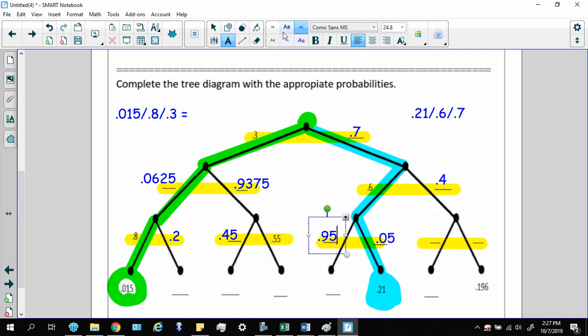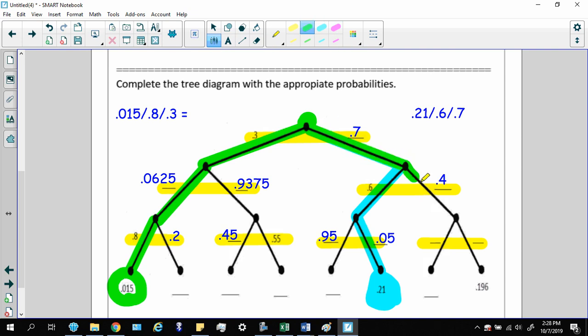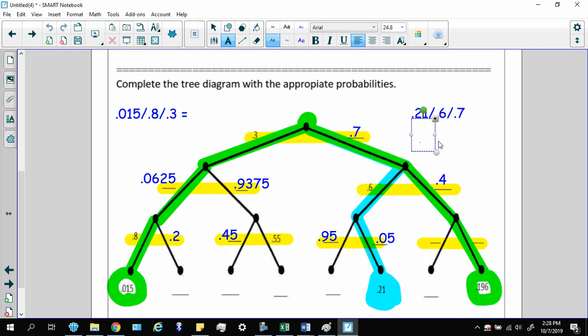All right. Let's do green again. So green, again, starting at the top, go down this way, go down this way, go down this way, gives me this guy right here. So I'm going to take 0.196 off to the side here. So 0.196, I'm going to divide that by 0.7 and divide by 0.4.